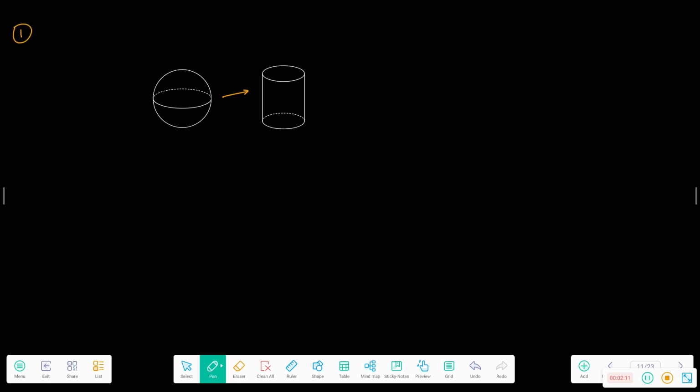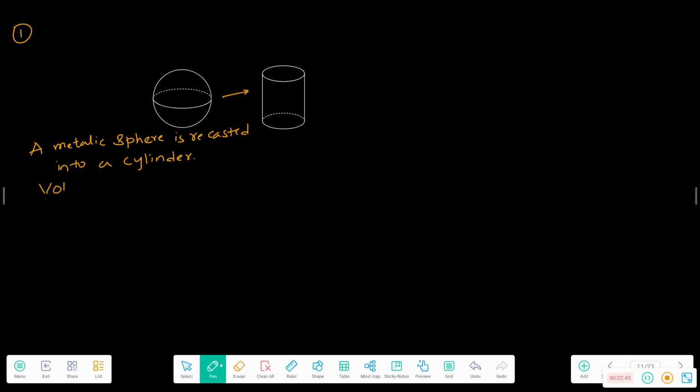This is question number 1. A metallic sphere is recasted into a cylinder.